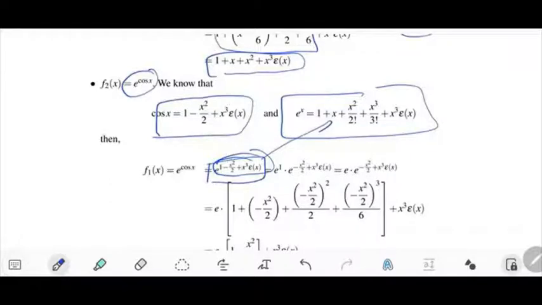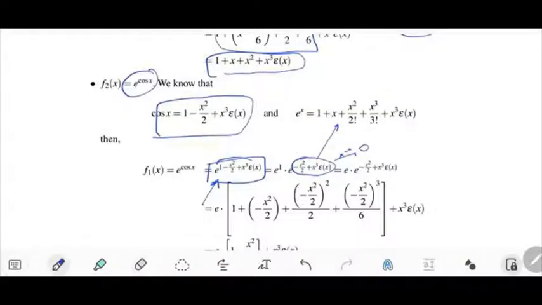So what we did in here, we wrote this exponential as e^1 times e to the remaining terms, and then now these terms go to 0 when x tends to 0, so we can replace the x in here, and then we use the expansion of exponential, but replacing x by minus x^2 over 2 plus x^3 epsilon x.